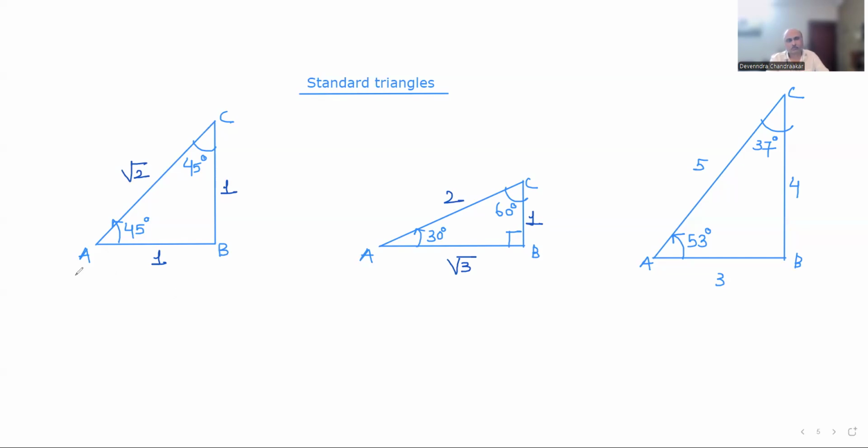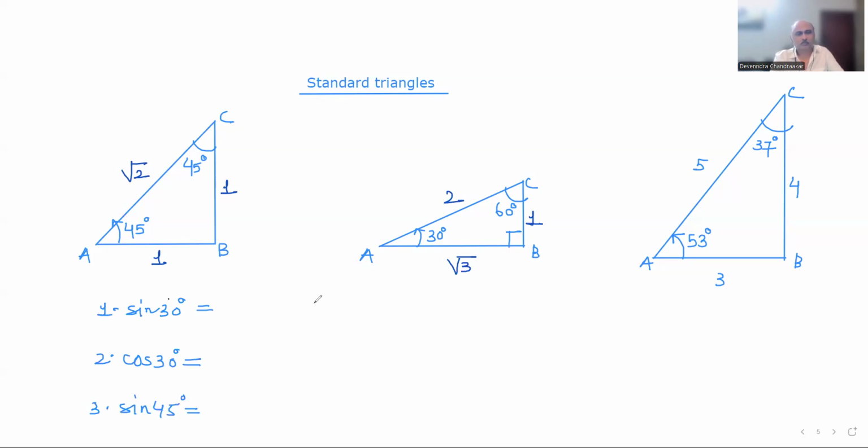Now all of you have to find these values: sine 30, cos 30, sine 45, cos 45, sine 60, cos 60, sine 37 degrees, cos 37 degrees.